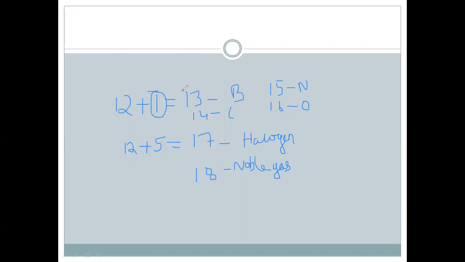Now, in the boron family, what are the elements present? In the 13th group, the elements present are boron, aluminium, then gallium, indium, and thallium.